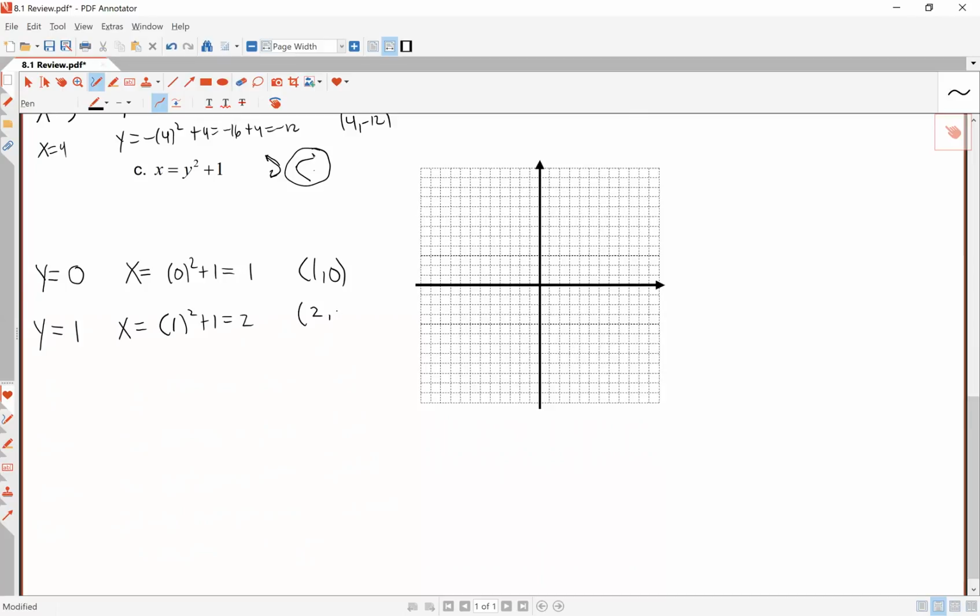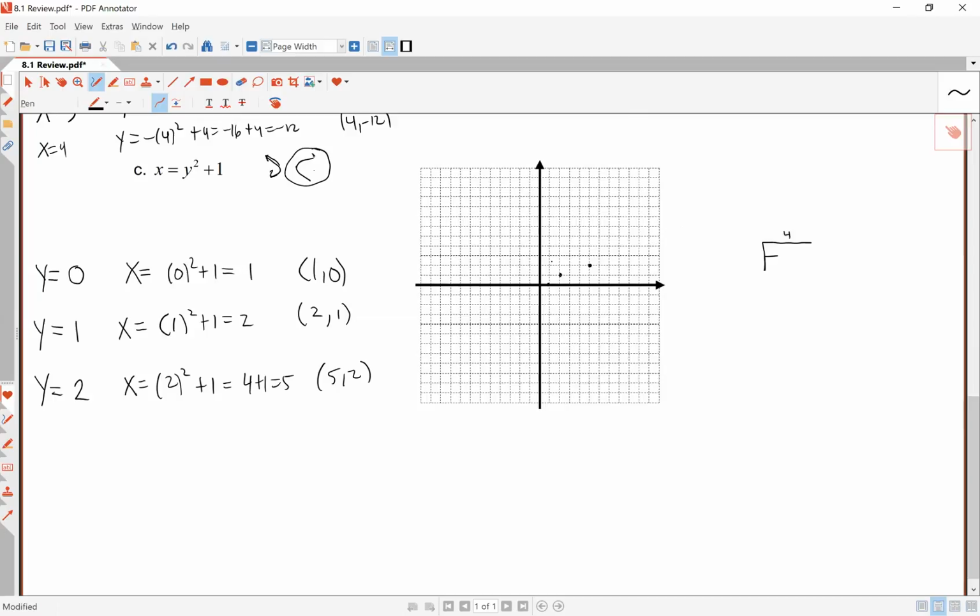So we've got 1, 0, and 2, 1, and 5, 2. So this is going over 1, up 1, over 4, up 2.